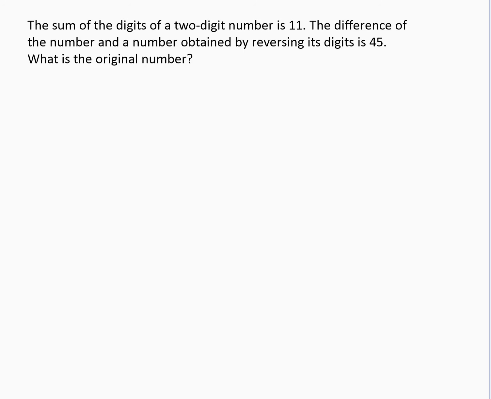So what we're going to do is have our variables represent the digits. We'll let t equal the tens digit. And then sometimes we say the ones digit, but if we used an O, it looks like a 0, so we'll say the units digit, so we'll let u equal the units digit.